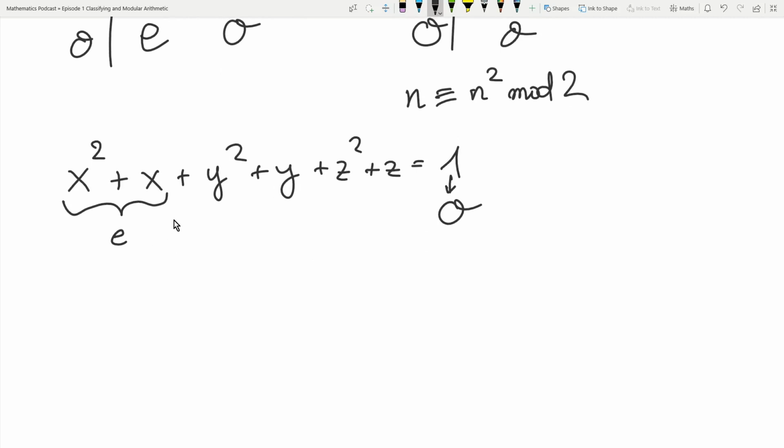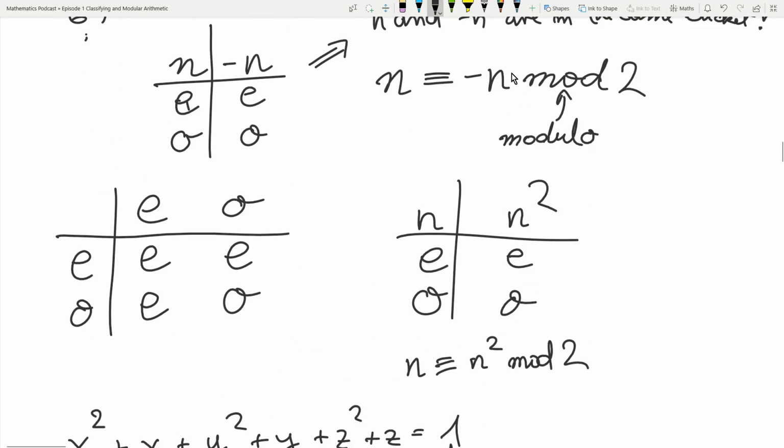We can discuss this again if you want to, but this becomes apparent just from the equations here, because we can just combine these to obtain n squared plus n is equal to n minus n, which is equal to 0, essentially, mod 2.